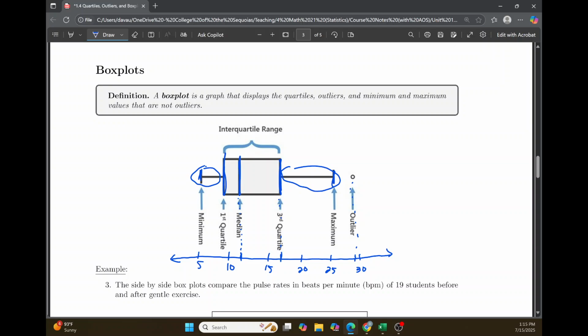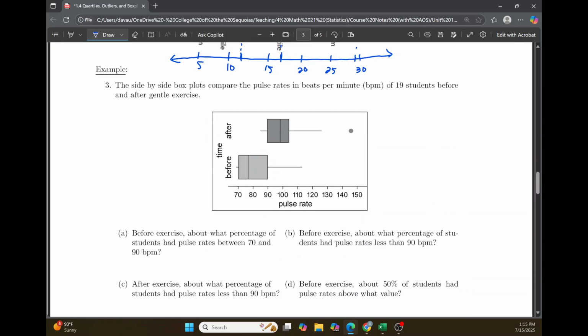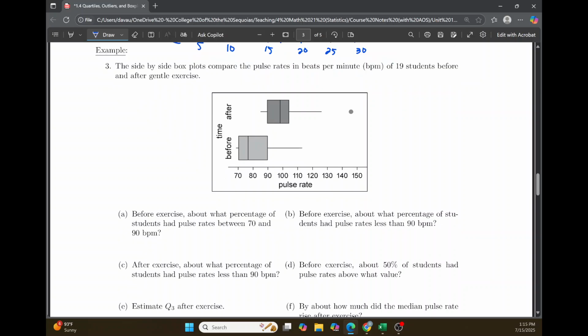Let's look at some examples here just so that we know how to read a box plot, so we're sure that we're comfortable with what it's communicating to us. This one says the side-by-side box plots compare the pulse rates in beats per minute of 19 students before and after gentle exercise. They just had to rub it in our face and say that it was gentle exercise.